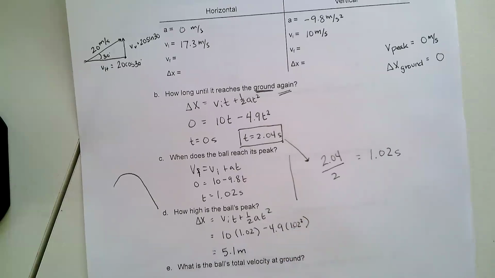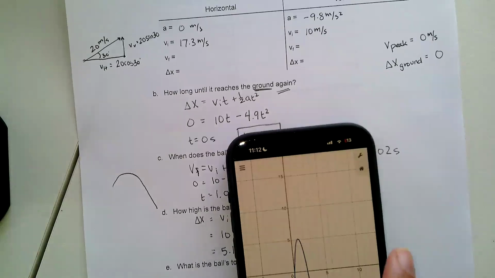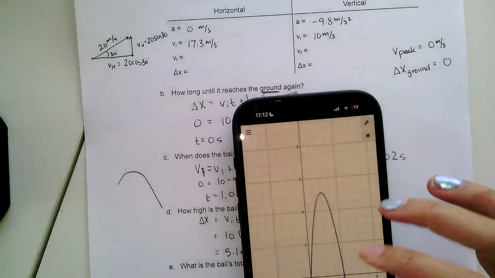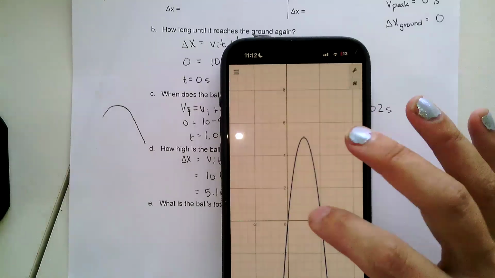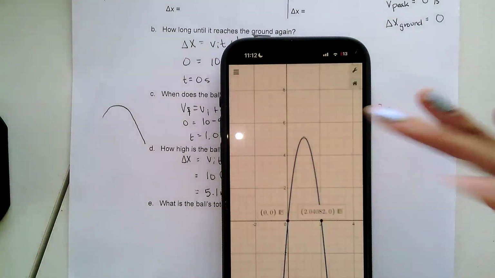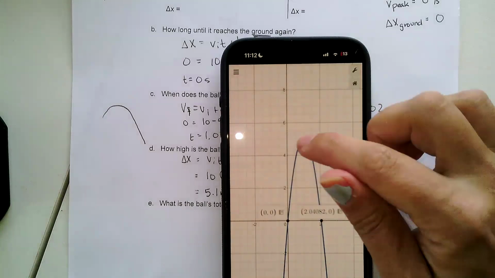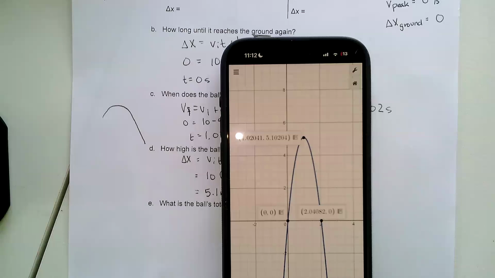Now, I told you that Desmos happens to be my favorite way to do this. Let's see one of the reasons why. This is the graph that I already made and already showed you, right? We already saw how it helps me find the 2 times that it's on the ground. It also has the time at the peak and the height at the peak.